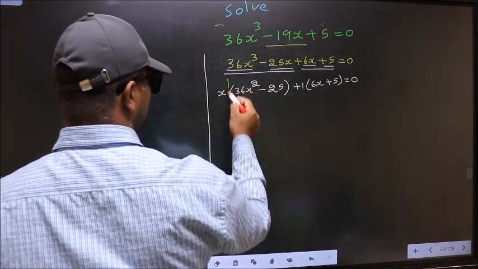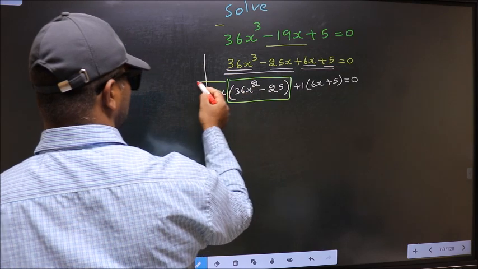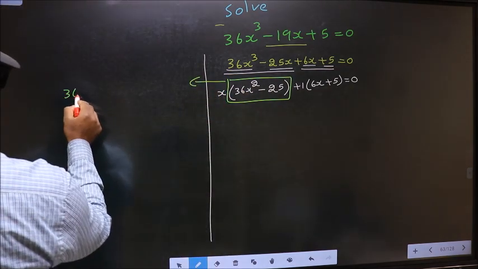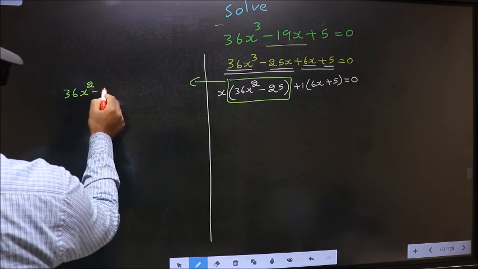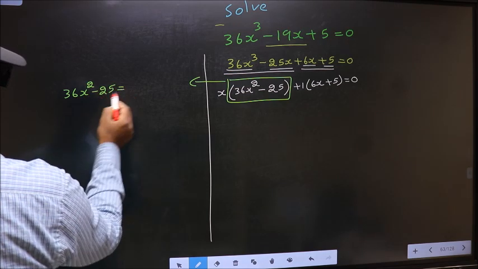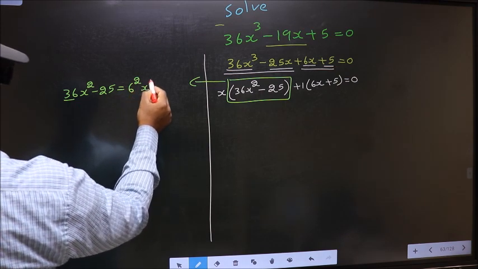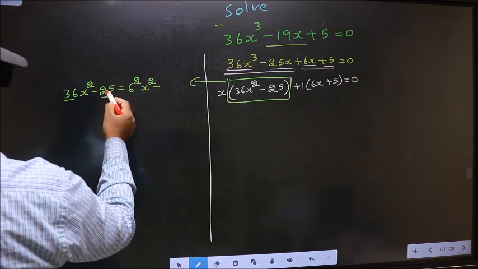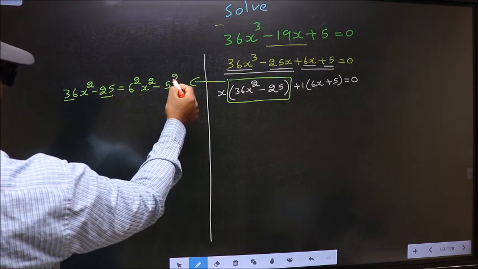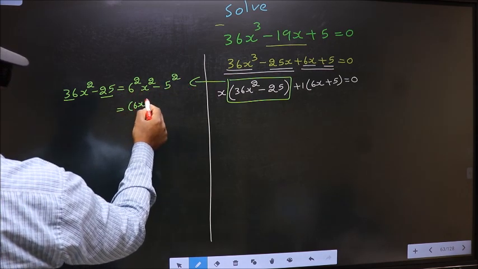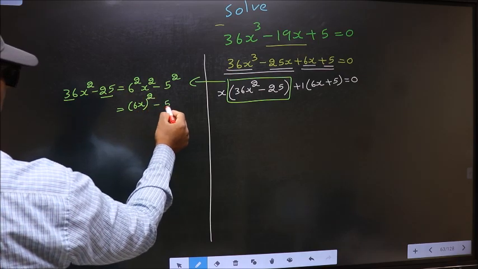Now this quadratic, I will simplify it here. That is 36x square minus 25 equal to, in place of 36 I write 6 square x square minus, in place of 25, 5 square. So 6 square x square is nothing but 6x whole square minus 5 square.